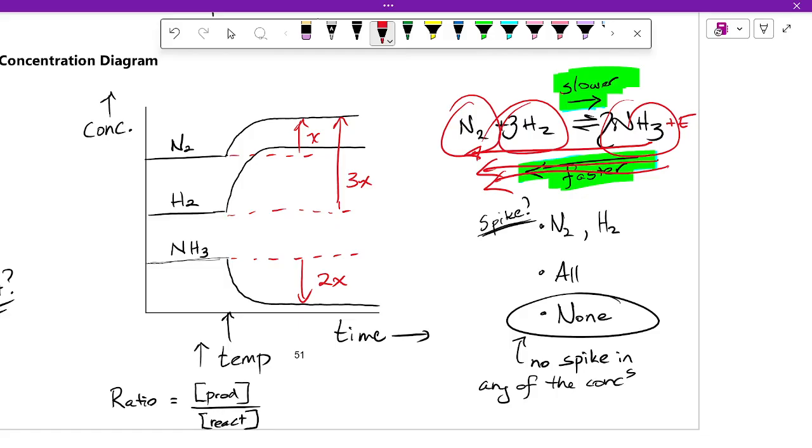And so this ratio of products to reactants changes when temperature changes.